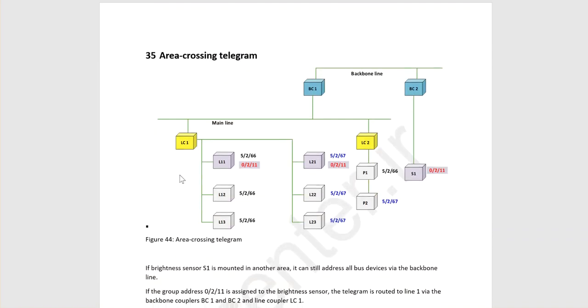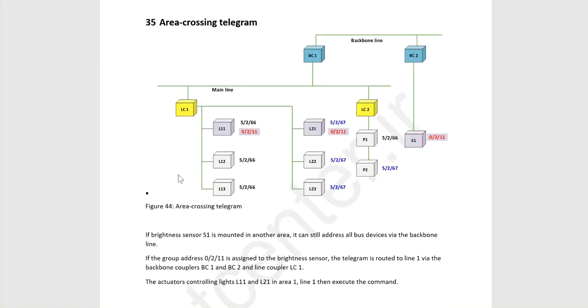Continuing this project, the book puts the devices in different areas and different lines, and it wants to tell us how ETS can create the filter table automatically. Look, there is one area. In area number 1 we have line coupler 1 and line coupler 2. In line coupler 1 we connect all the relay actuators.